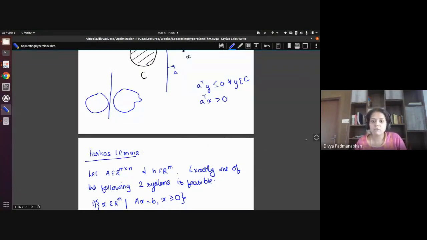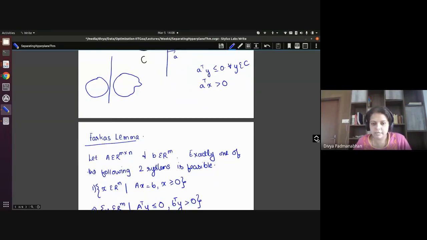If the points are separable by some hyperplane, then it makes life easier. So it's not directly the separating hyperplane theorem that comes in, but some notions of separation play a role in many places. Now let's move on to Farkas lemma.